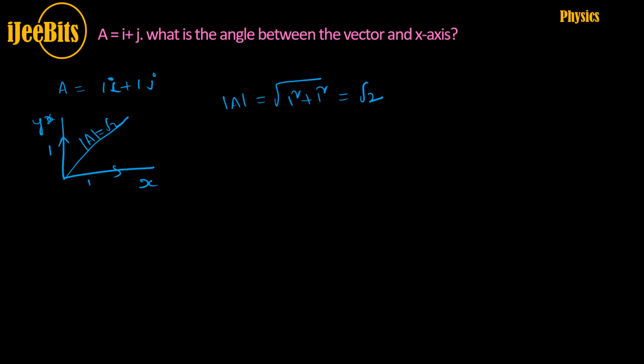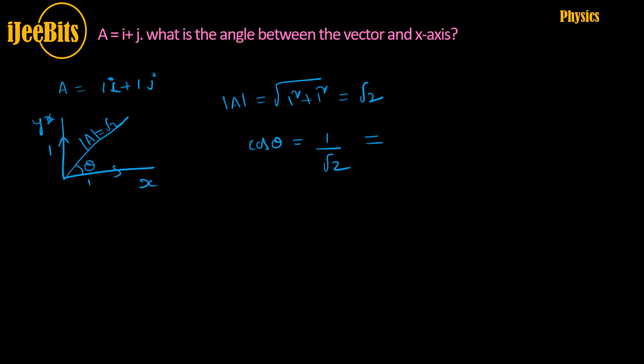What is asked is the angle between the resultant vector and the x-axis. This is what they ask, right? So let's look at cos theta. Cos theta equals the x component, 1, by the hypotenuse, the resultant, root 2.